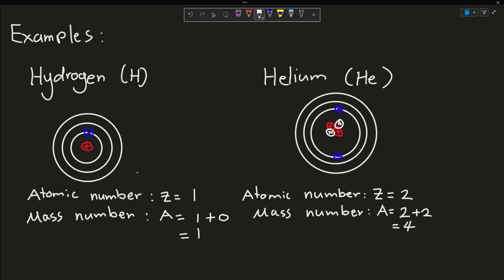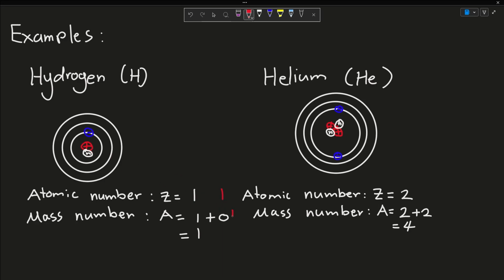So, let's also continue this example of hydrogen. Suppose we have a different hydrogen isotope where there is a neutron. Our new atomic number would be 1 because we still only have 1 proton.